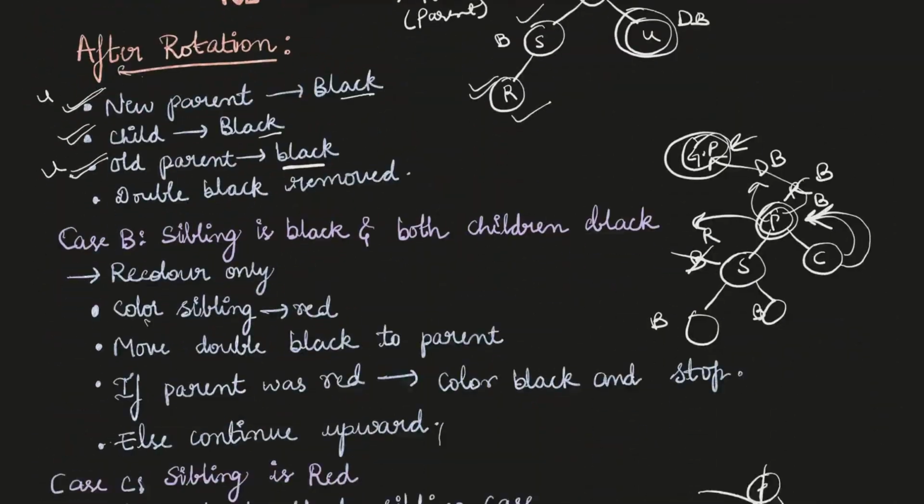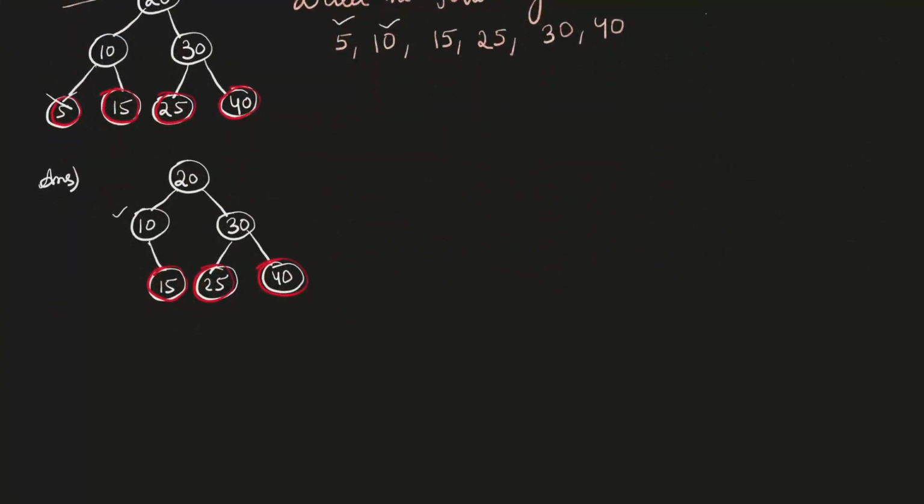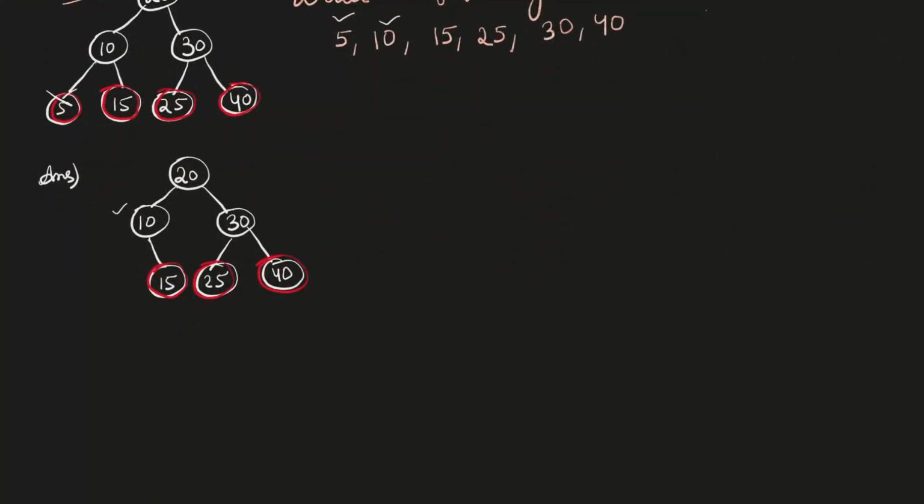That means whichever you are replacing it with, you will take the color of it as black. So that means it turns to 20. In place of 10, you will replace it with its child. So it's 15 and 30 over here. Next comes 25. Next is 40.